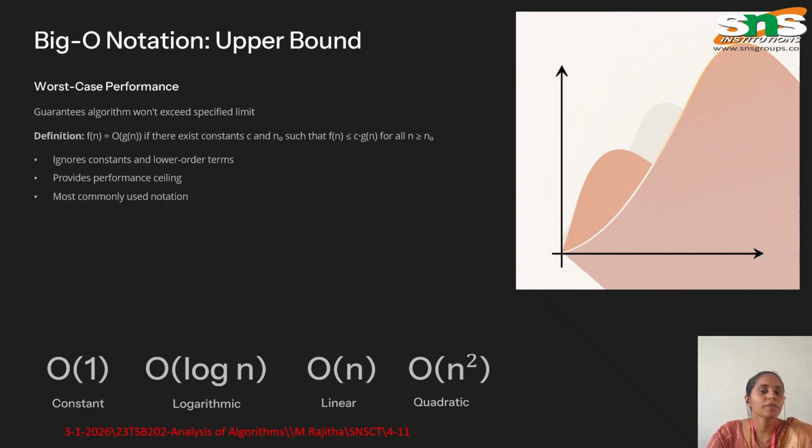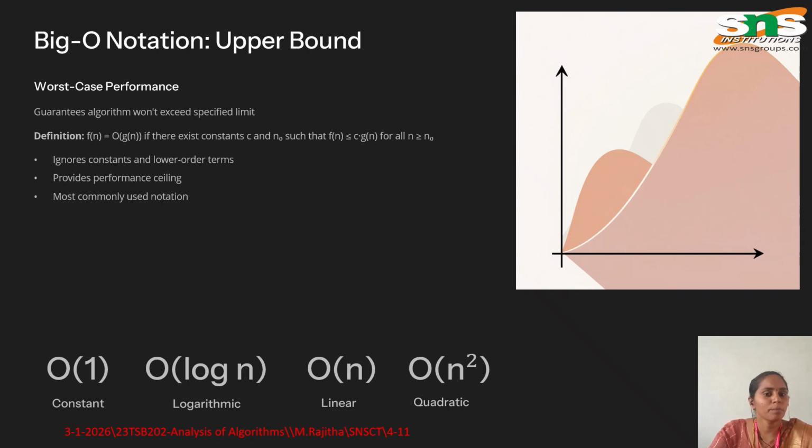Logarithmic algorithms grow very slowly and are highly efficient. Linear algorithms grow proportionally with input size. Quadratic and higher order algorithms grow very fast and become inefficient for large inputs. Understanding growth trends helps avoid poor design choices.